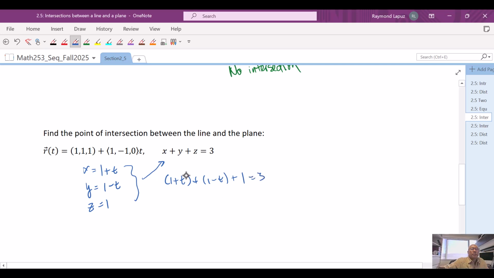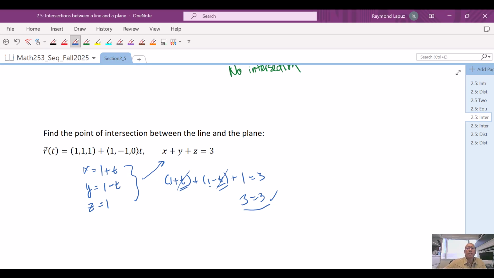So if we combine like terms, the t's cancel out, and we have 1 plus 1 plus 1, 3 equals 3. So that checks out, but I don't have a solution for t. So I think in this case, the solution is all values of t. This will work regardless of what t is. This line and this plane will always be intersecting.